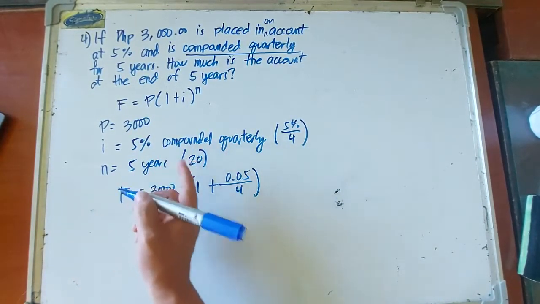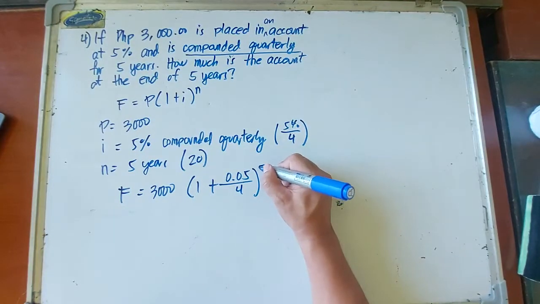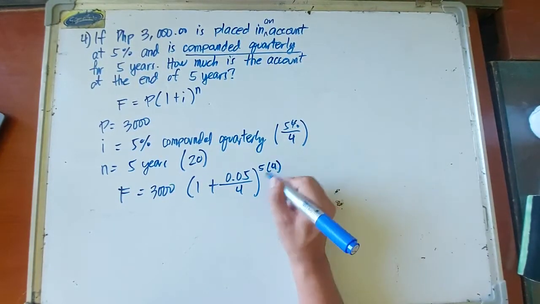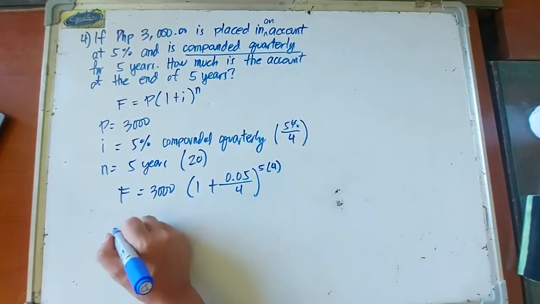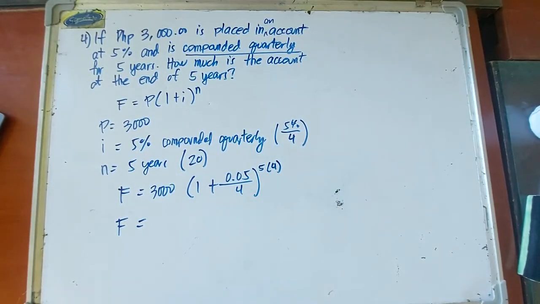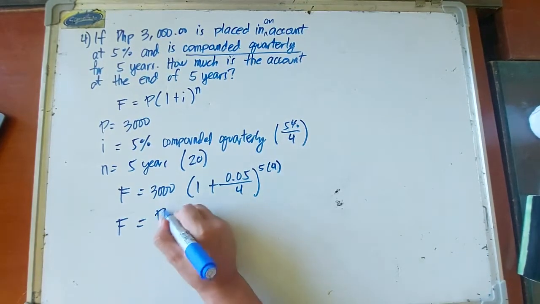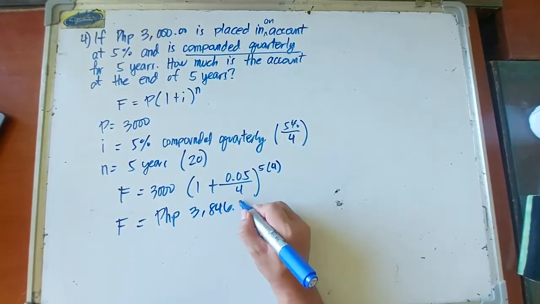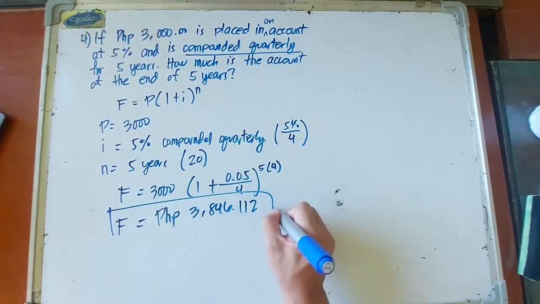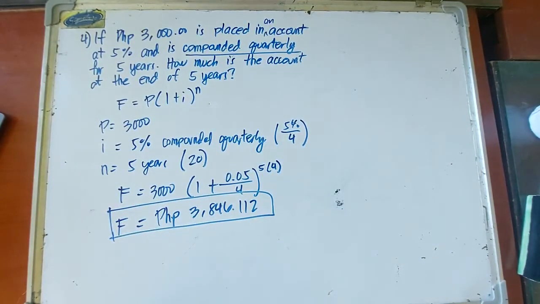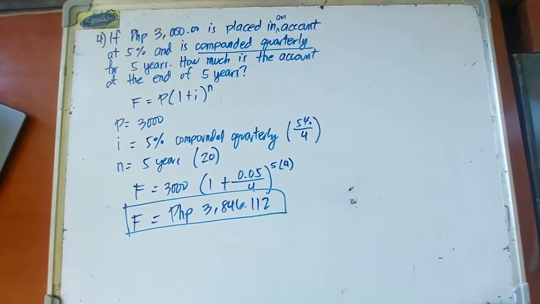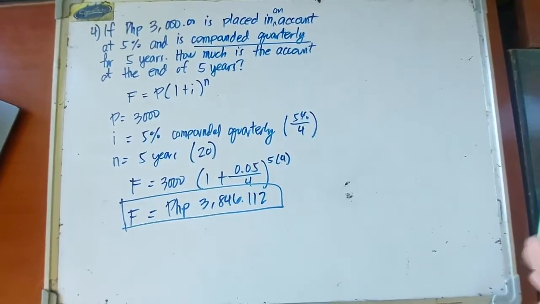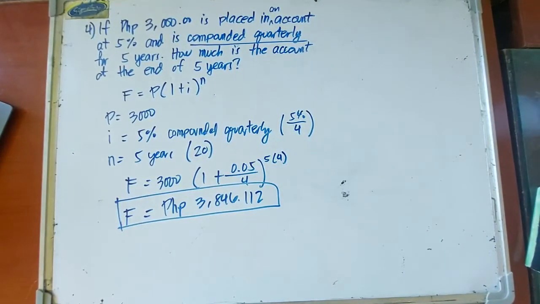Since it is quarterly, it becomes 20 periods, that is 5 times 4. So after 5 years, our principal of 3,000 has a value of 3,846.2. That is its value after 5 years. Take note, money has no value to you if it does not earn interest.